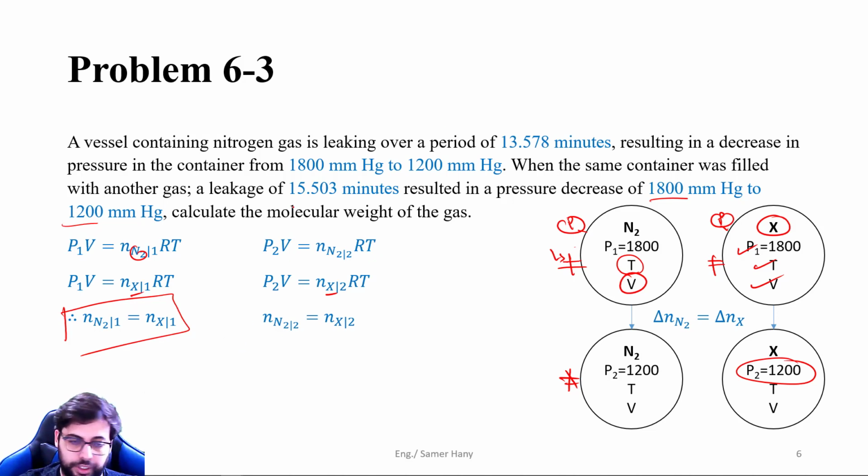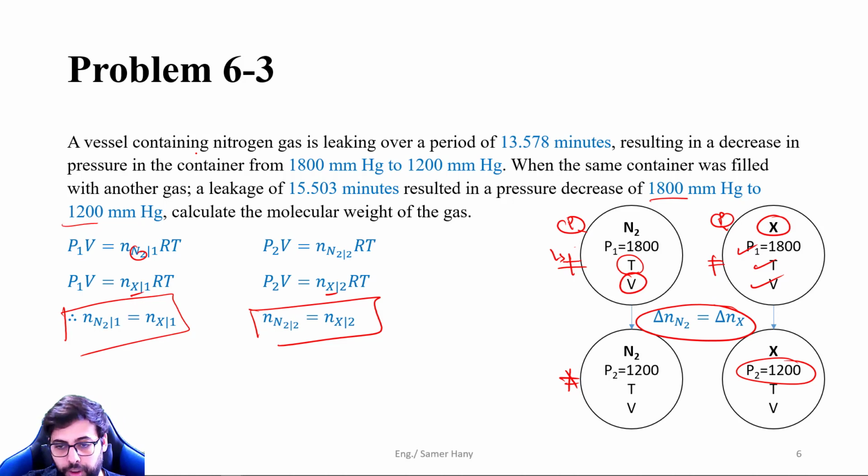So the number of moles at the start is constant, and the number of moles they both end up at is also the same. So we know that the delta n, or the released number of moles, is also the same.